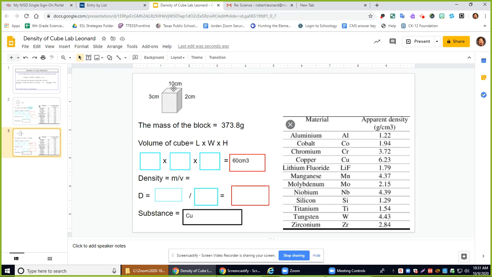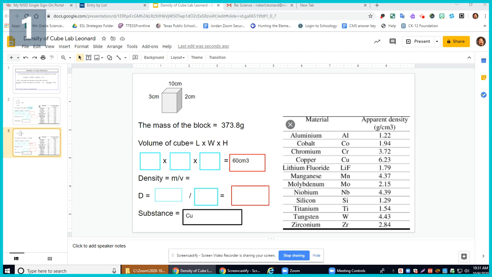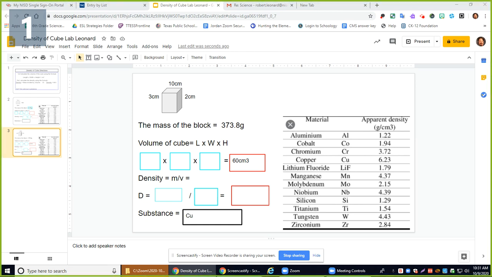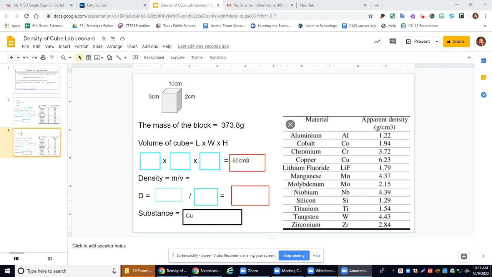First thing I want you to do is go ahead and draw this cube and label it 3, 10, and 2. So let's go over to my whiteboard. If you don't know how to draw a cube, you can just draw a square. Okay, so cube number 2.